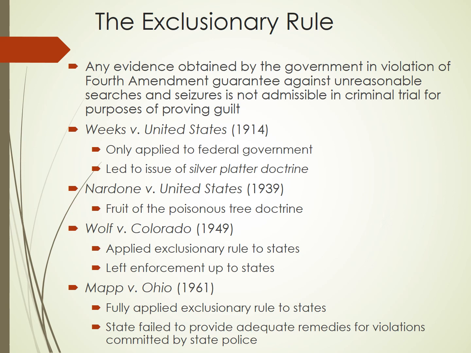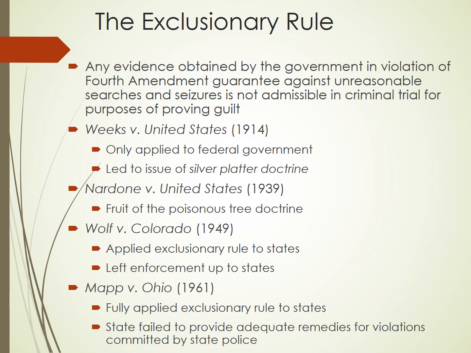And the exclusionary rule got further clarified in Nardone in 1939 when the fruit of the poisonous tree doctrine came down, which said that the whole interrogation, the whole process, the whole investigation could be tainted or poisoned with the admission of illegally obtained evidence.